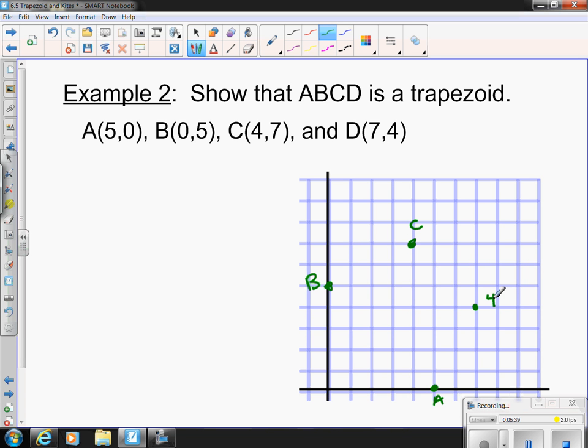Oops, I wanted a D there. All right, so here's our quadrilateral ABCD.